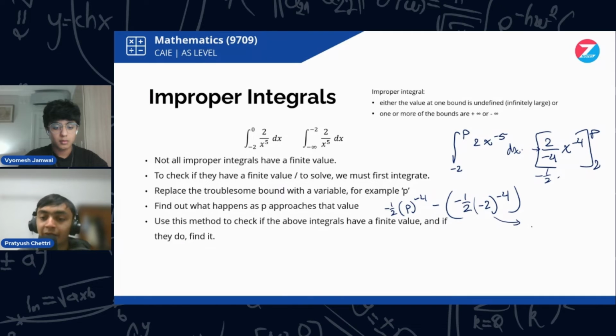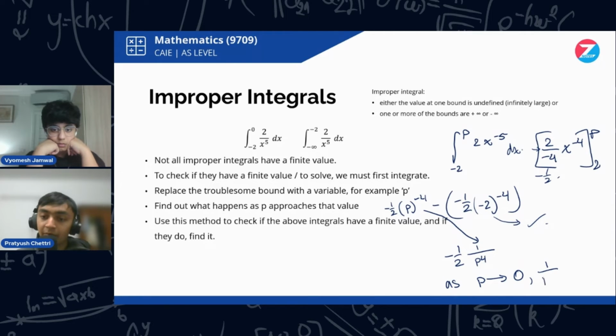And this you can calculate, no worries. But this -1 by 2 p to the power 4, as p approaches 0, you have to write it like this, with the little arrow meaning approaching. As p approaches 0, 1 by p to the power 4 approaches infinity, because as the bottom of the fraction gets closer and closer to 0, the fraction itself gets larger and larger, and it approaches infinity.